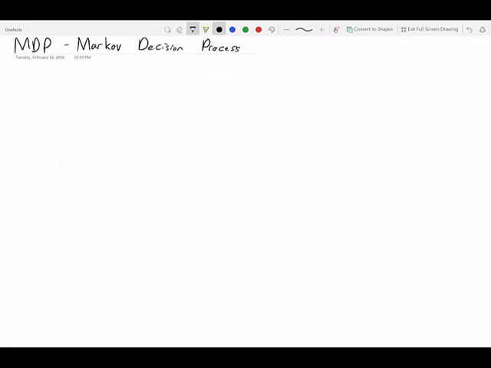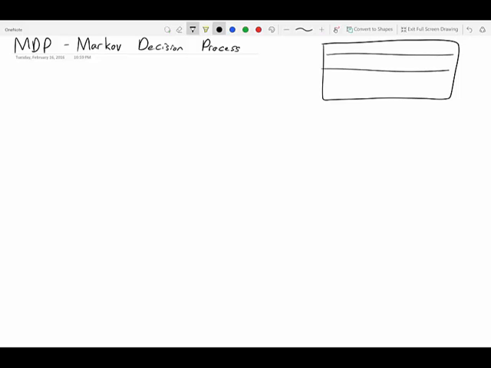Okay, so now we're going to talk about MDPs, which are Markov decision processes. We're just going to do an introduction today. For a Markov decision process, we generally consider an environment. The usual one we consider is this grid world. Let's say our agent is in there, maybe their Pac-Man.